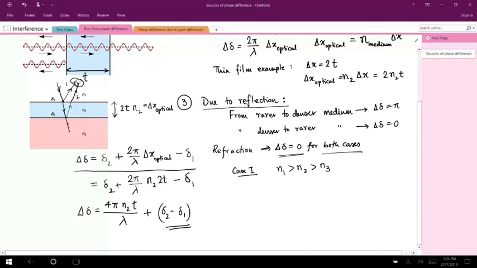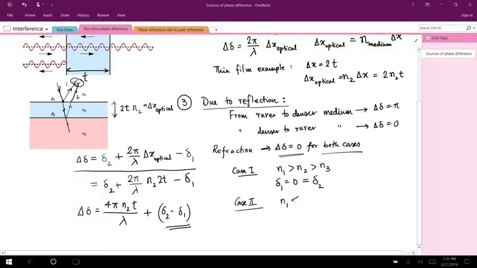If n1 is greater than n2, then delta 1, which is the delta at this surface, is equal to 0. And so is delta 2, because now we have n2 greater than n3. So in each case, light is going from a denser to a rarer medium, which tells us that the delta has to be 0. Now case number 2 is just the opposite.